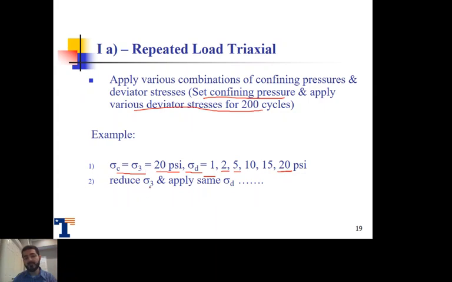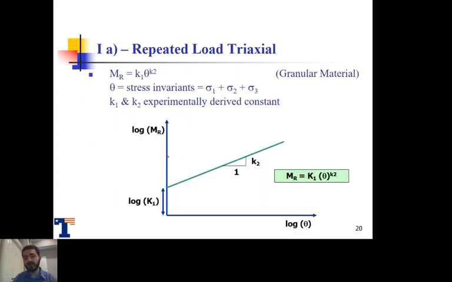And then sometimes I reduce sigma 3 and apply the same sigma D again. So this sigma 3, instead of 20, we do 10 psi, and then we apply the same sigma D combination from 1 to 20, and then we do 5, and so on. It's a big test and it's time consuming.